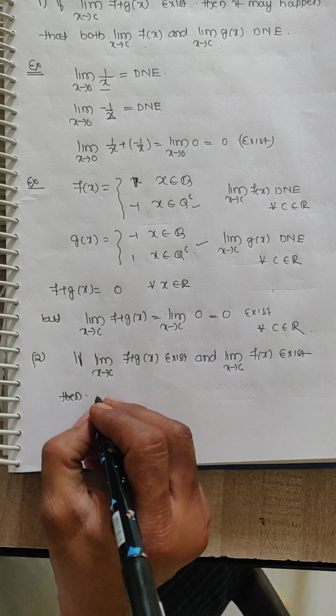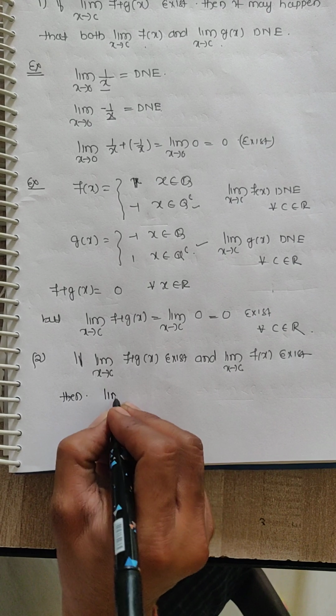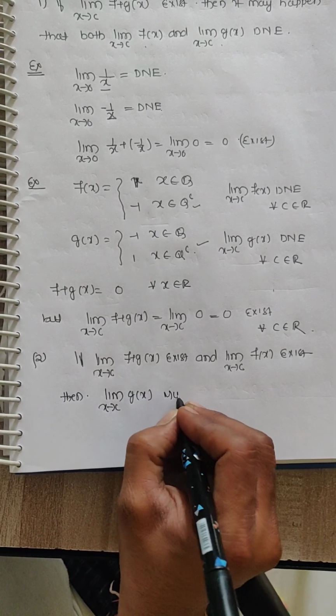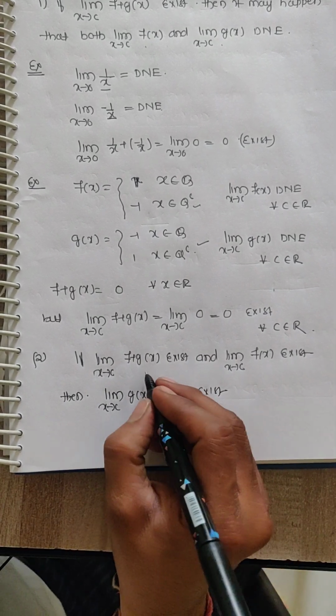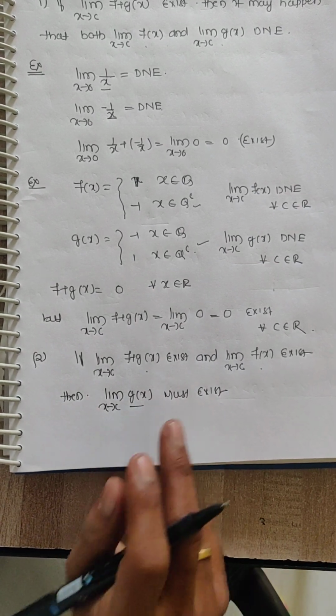Then the limit as x tends to c of g(x) must exist. So if the limit of the sum exists and one of these limits also exists, then the other limit must exist.